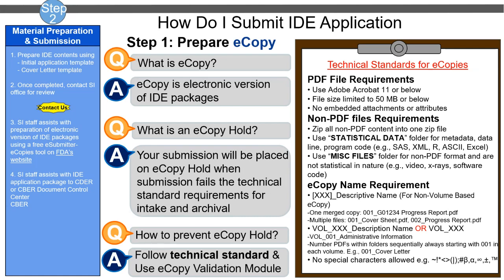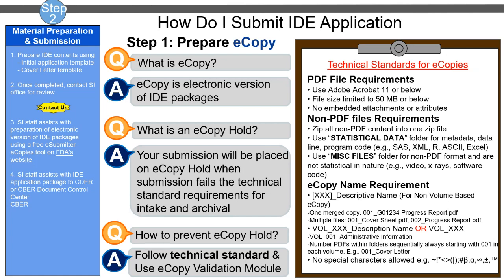eCopy naming convention requirement warrants checking the whole IDE application package, since frequent eCopy hold due to non-compliance happens in document files. Document naming convention follows a combination of a three-digit numbering to identify the document number, such as 001, 002, and underscore after that.